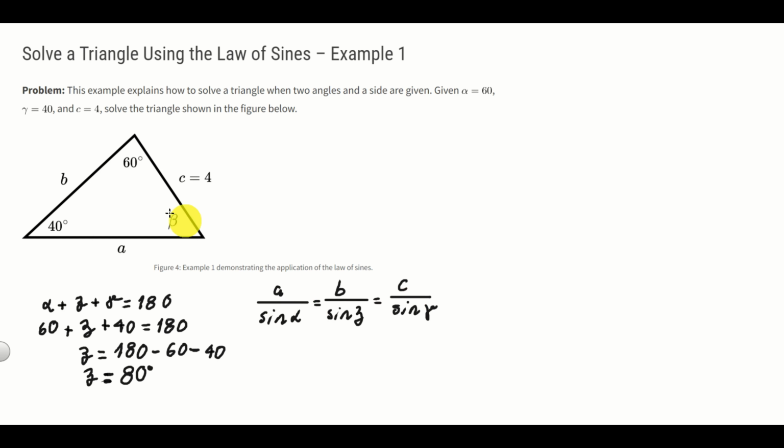The next step is to substitute the given values. Let's see. Over here we can see that C is given, gamma is given, and the angle alpha is given. So let's substitute the values.